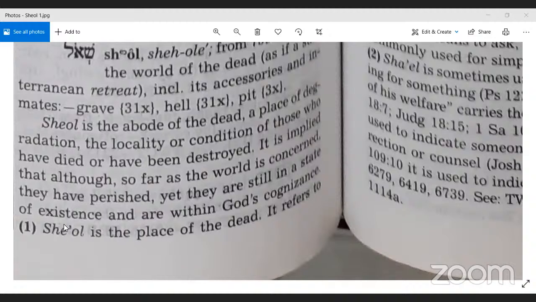Although here it is saying that hell is something totally different. It's more like a retreat. So how are they looking at this? I'm just confused. That's all. Okay, I think as we go through it, it'll be clear.